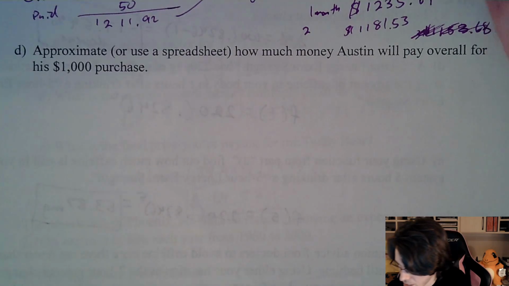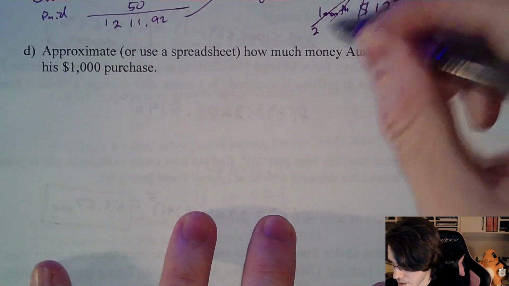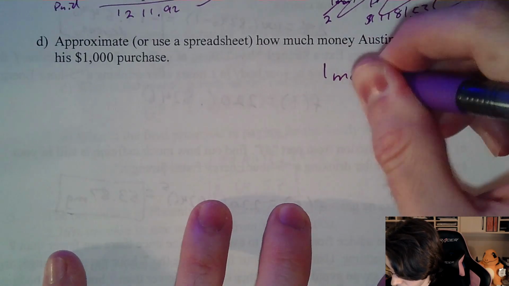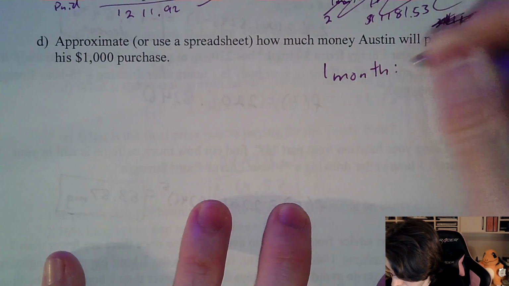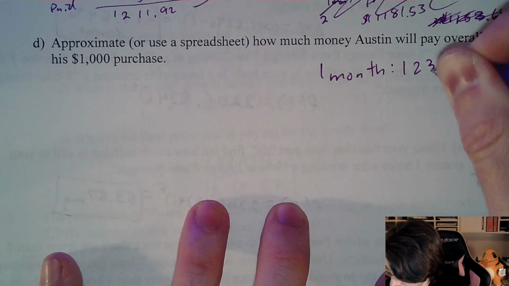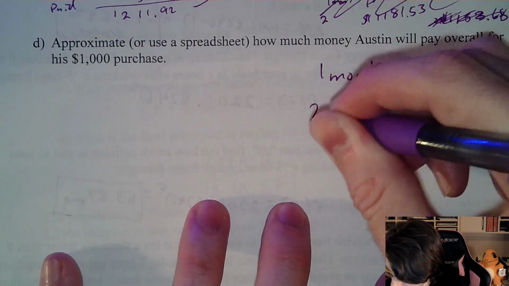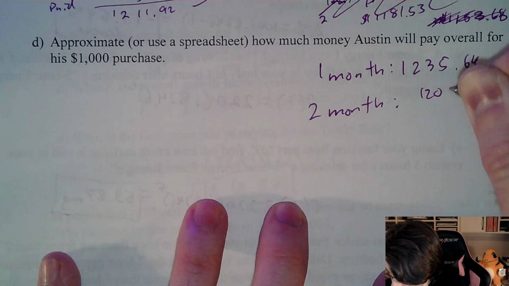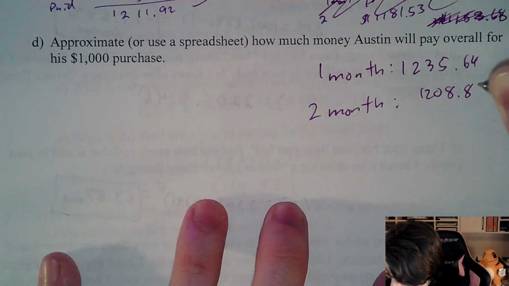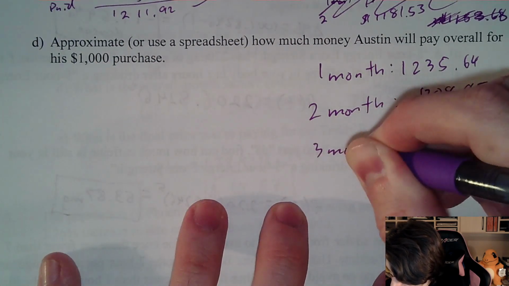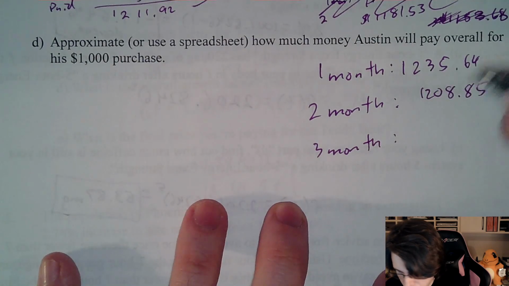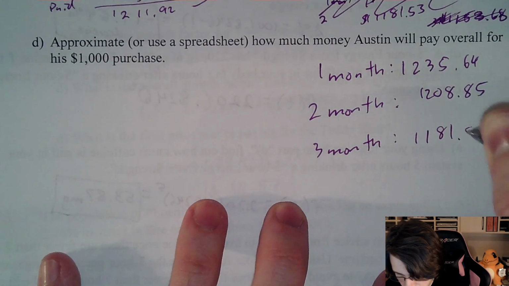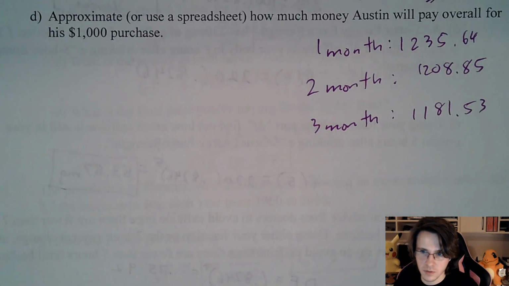And then the next number here was supposed to be, I'm going to write it out more pretty. 1 month later, it was 1235.64. 2 months, it was 1208.85. And 3 months, it was 1181.53. 4 months was the next number.